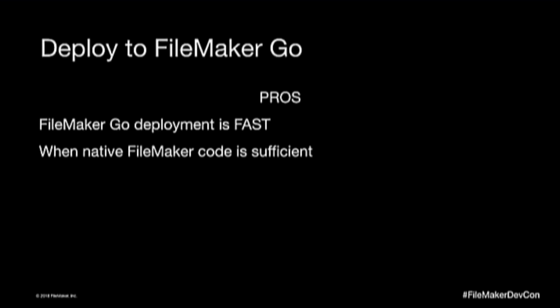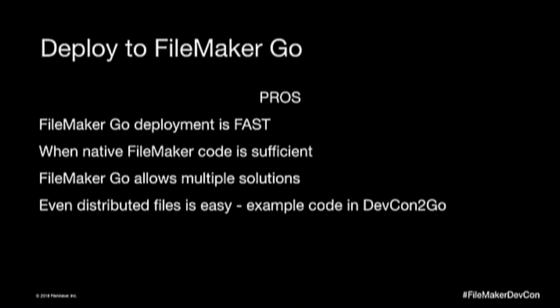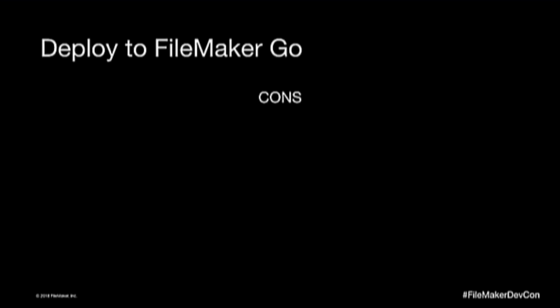So when native FileMaker code is sufficient for your custom app, FileMaker Go is a perfect option for deployment. Also, FileMaker Go allows for multiple solutions. That's also a pro. And even distribution of files is easy by using a website or a copy to iCloud or email.